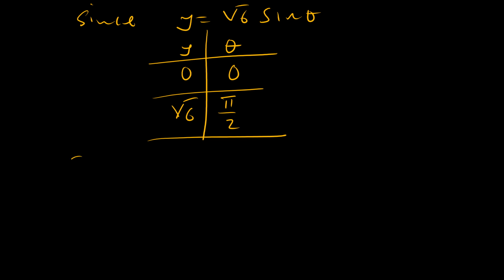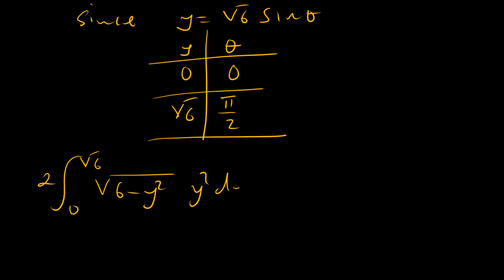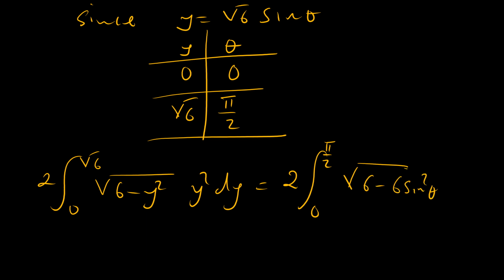Therefore, what we have here now is the integral from 0 to root 6 of the square root of 6 minus y squared, which is the same as twice the integral from 0 to pi over 2 of the square root of 6 minus 6 sine squared theta, and then dy becomes root 6 cos theta d theta.